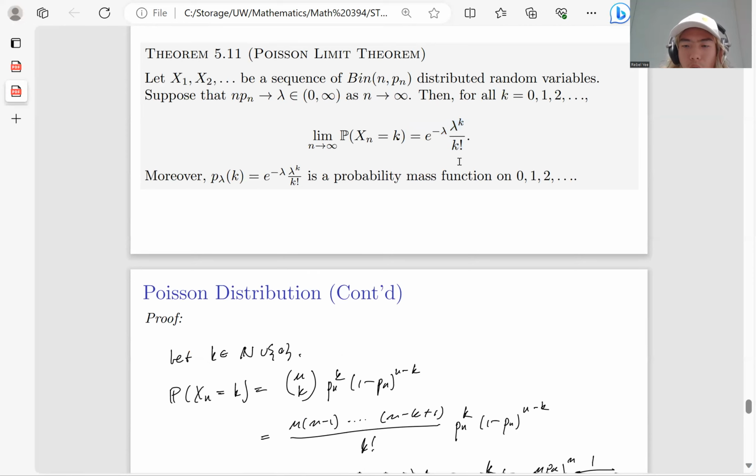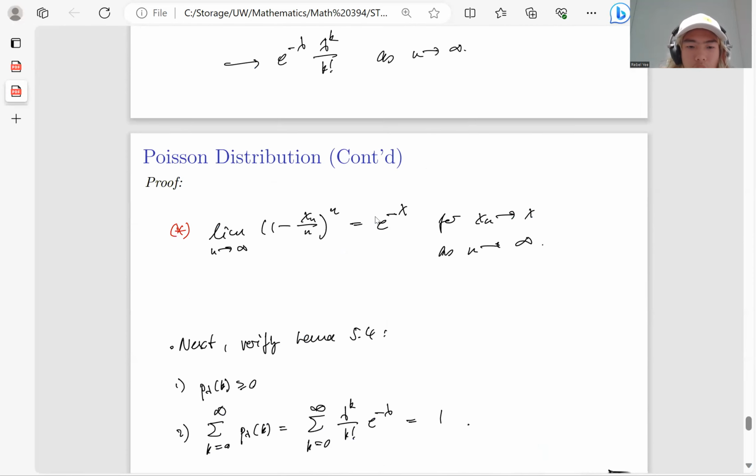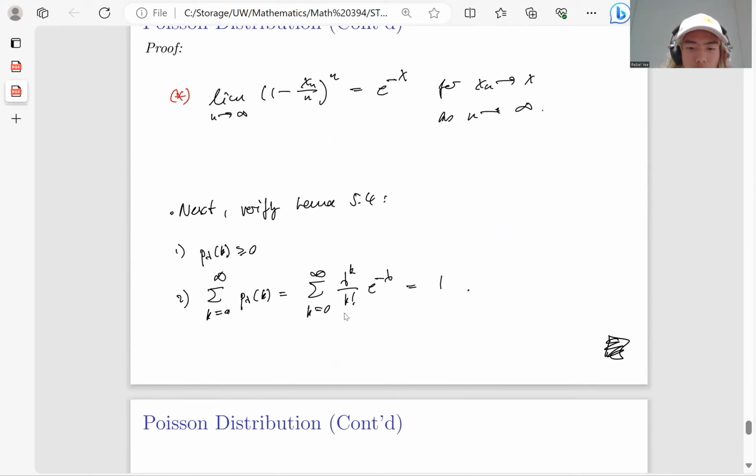We sum them up for k from 0 to infinity, and it should prove to be 1, but I don't think it is very important here to show why it is equal to 1.